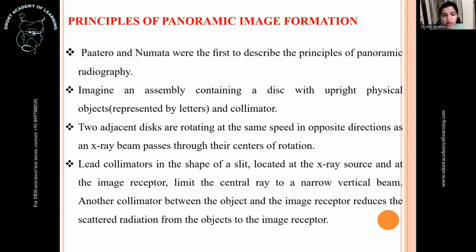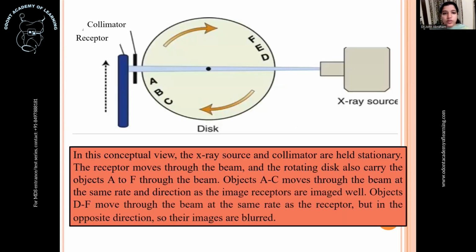So what is the principle of panoramic image formation? We'll just simplify the principle of panoramic radiograph. Imagine an assembly containing a disk with upright physical objects represented by letters, and the collimator. I'll just show the picture. You can see a disk. You can see that there will be two adjacent disks.